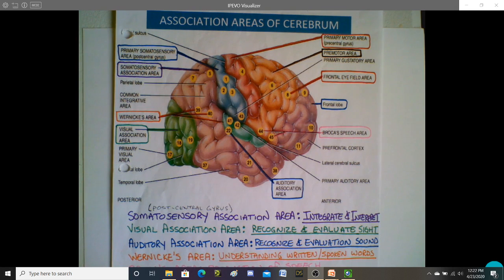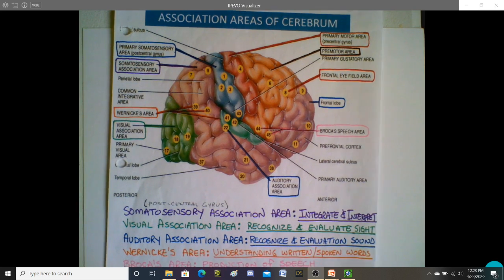So reading and hearing, so it's tied to the auditory association area, because you're going to be processing things that you are reading and things that you are hearing. So this area, Wernicke's area, is interpreting the sounds that you hear for speech. All right, spoken words and written words.